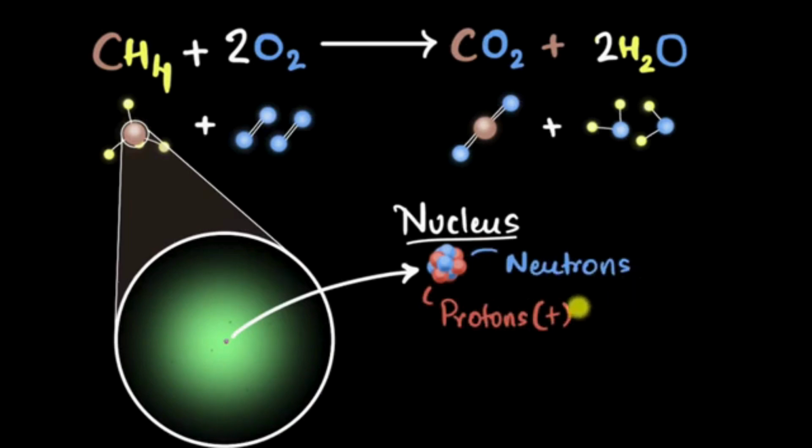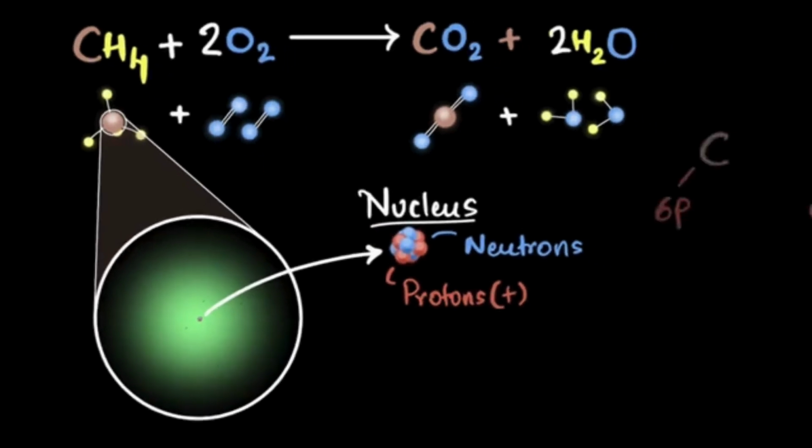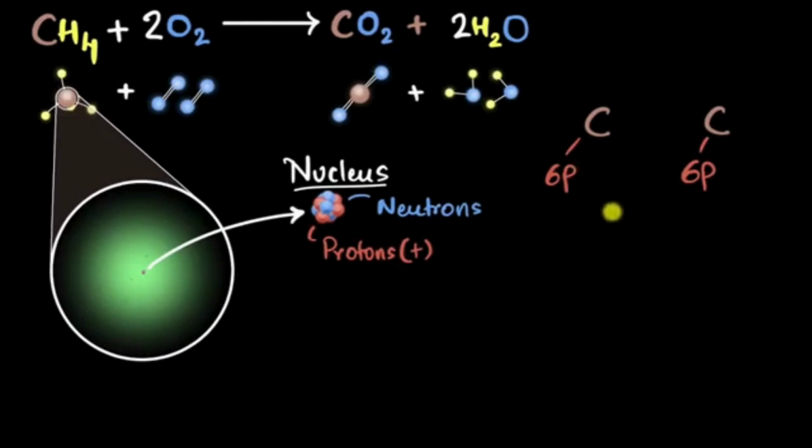Now, guess what? Turns out the identity of an element is defined by the number of protons. So for example, anything that has 6 protons is carbon. Carbon is carbon because it has 6 protons. Similarly, anything that has 7 protons would be nitrogen, and so on and so forth. It's the number of protons that decide the identity.